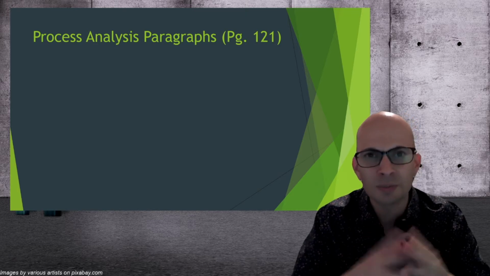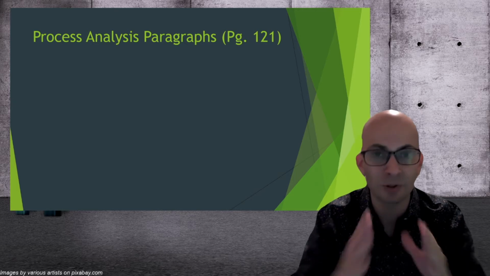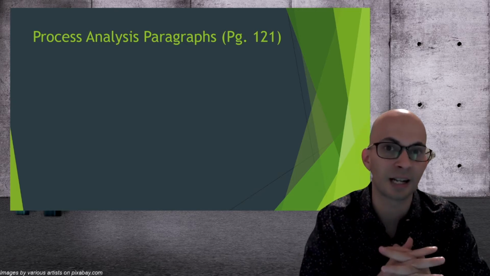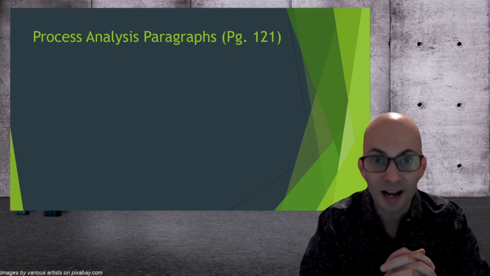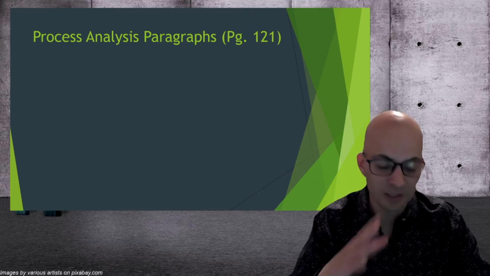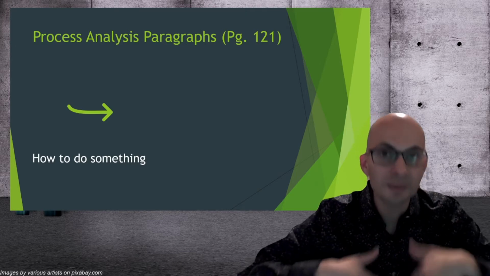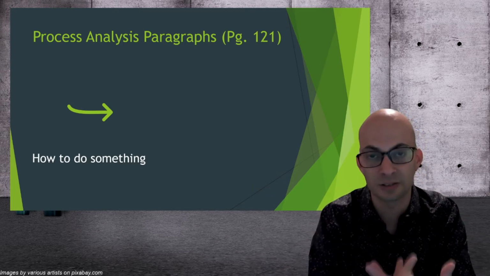You might already be familiar with this type of paragraph, but maybe you haven't heard it described as a process analysis paragraph. I often refer to it as a sequence paragraph because usually a process analysis paragraph is describing how something is done.